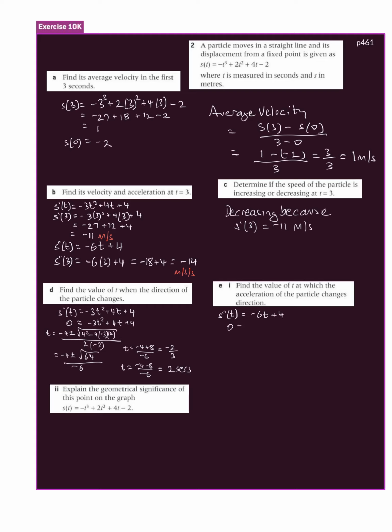Well, we're looking to solve that. Equate it to 0, minus 6t plus 4. Therefore, t equals 4 on 6, which equals 2 on 3 seconds. So at that point, at time of 2 on 3 seconds, the acceleration changes direction.